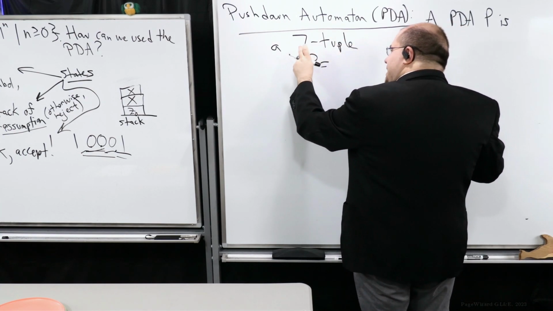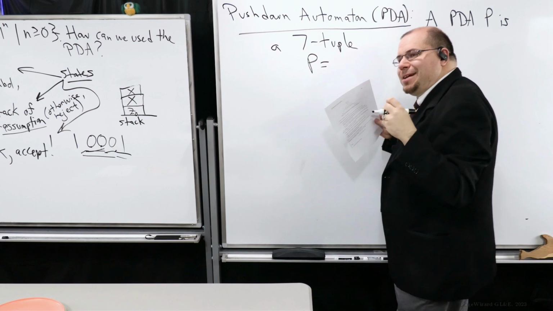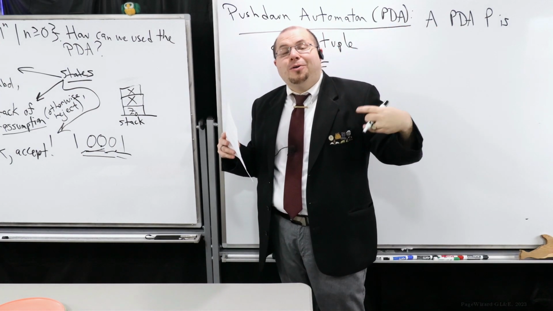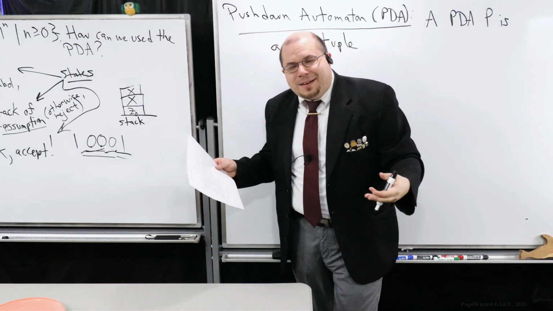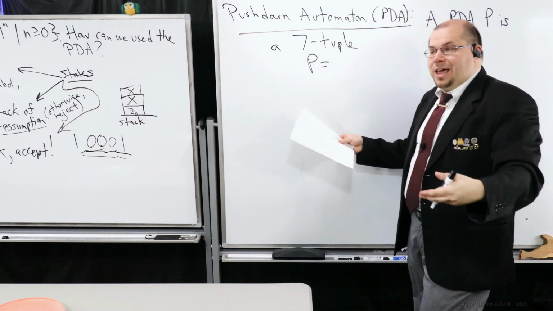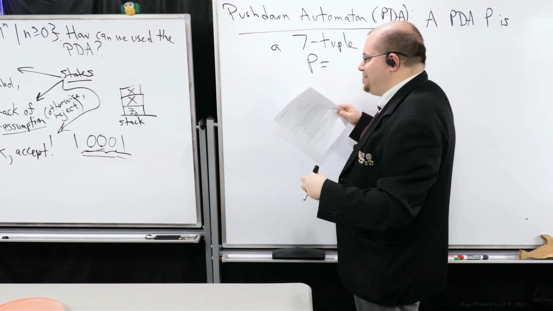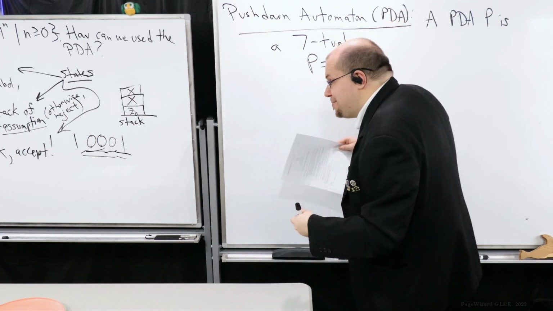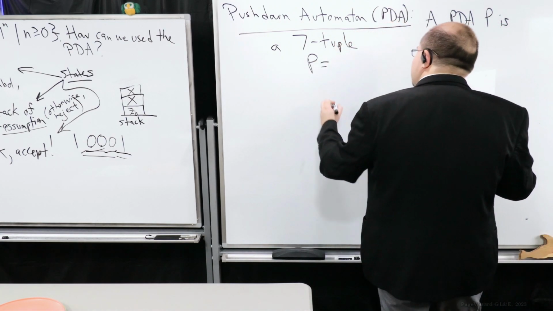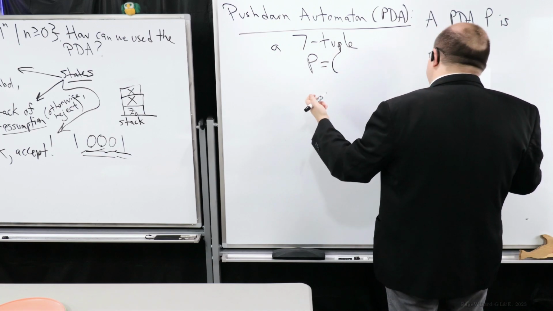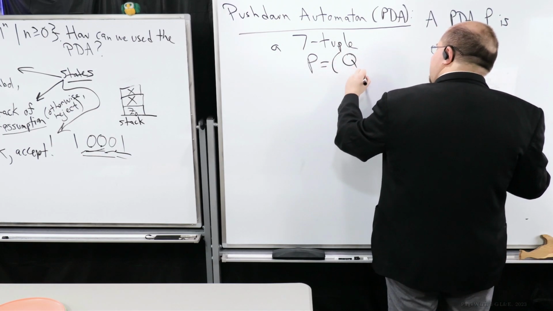And don't get the wrong idea. Just adding more tuples doesn't make the model more sophisticated in terms of its descriptive power of languages. We'll see examples of other ones where they don't have as many tuples or they have maybe the same number. It's just a formulation.